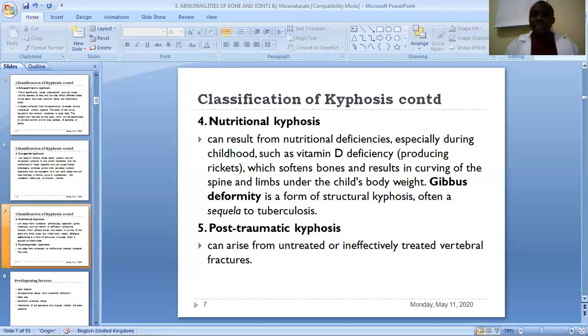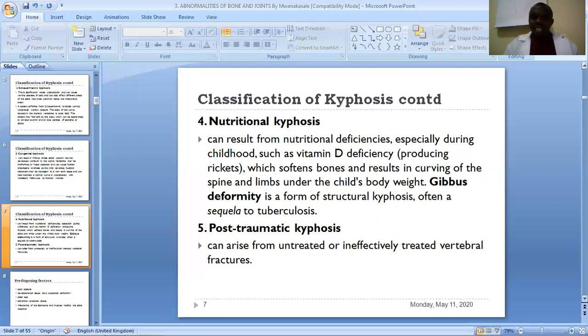Now, lack of vitamin D brings about softening of the bones in children, leading to rickets. And you'd see in someone's child on the lower limbs that they will have some bones not straight.